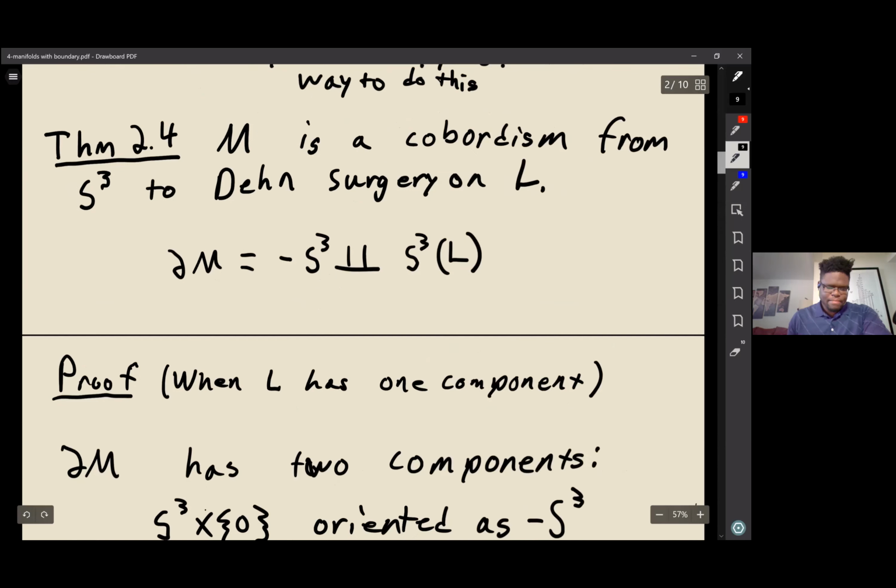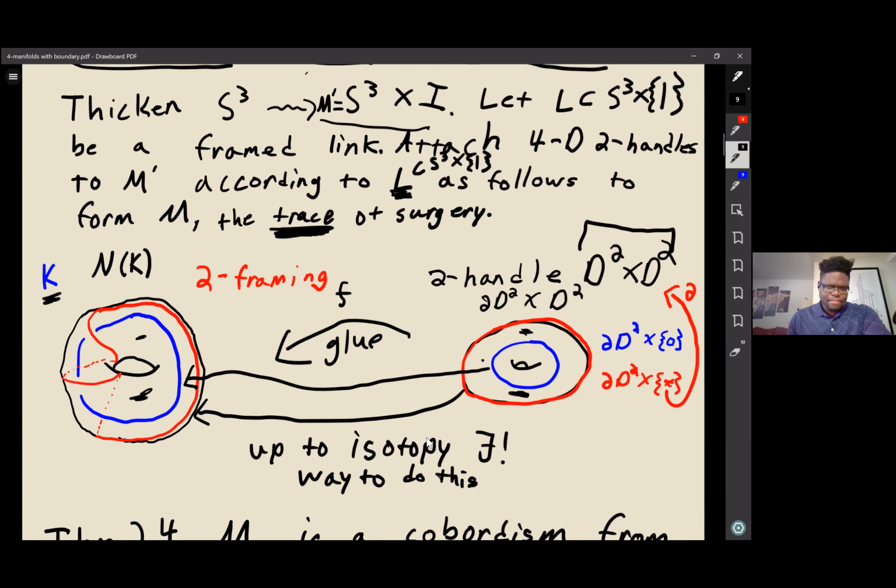Sorry. So going back to my picture again, this red curve, while it appears as a longitude of the boundary of D2 times D2, is a meridian of D2 times boundary D2, of the second component of the free part of the boundary of this 2-handle.